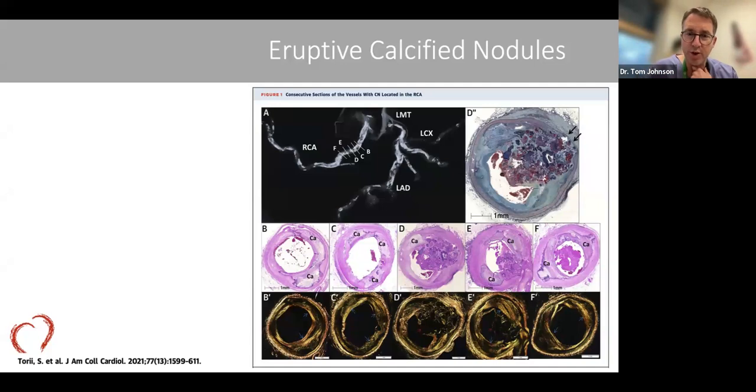But what's been interesting from this post-mortem series of Renu Virmani's, also shown in the Disrupt CAD group work, is that these eruptive nodules are the ones we probably ought to worry about most in the long term. What's really interesting from the histology is that it's almost like a rock garden of granular calcification, embedded within lipidic necrotic core plaque.